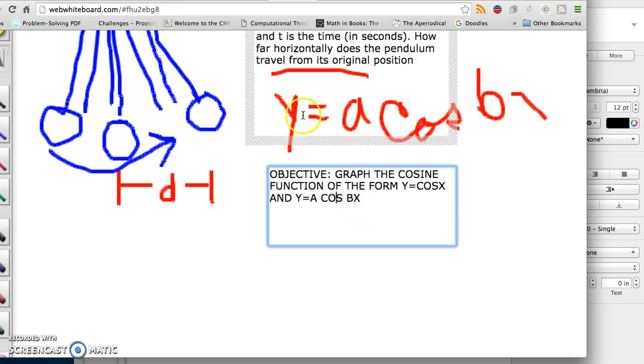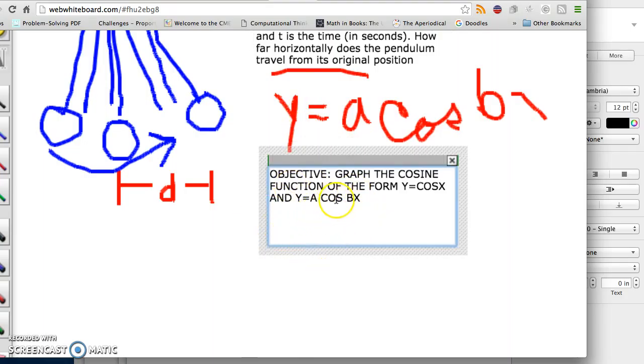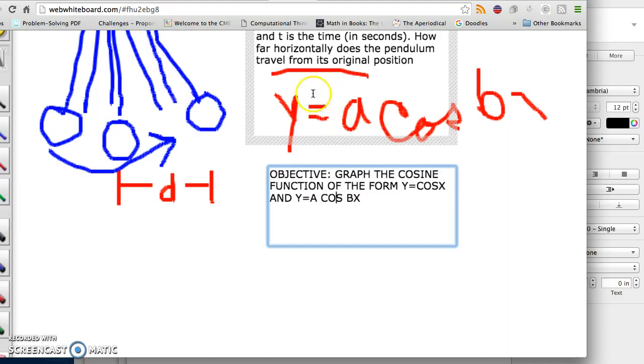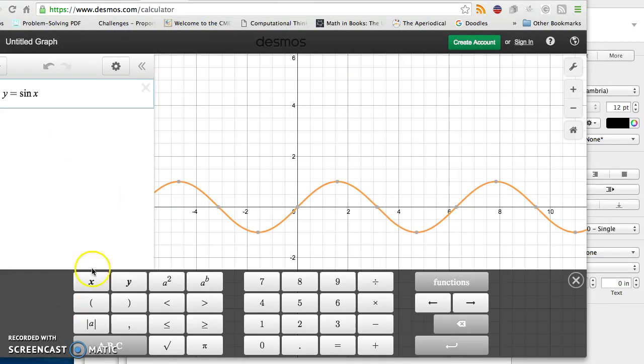In our last video we were talking about y equals sine x and y equals a sine bx, and we saw that it looked like this, where the amplitude was 1. The period is how long the whole function takes.